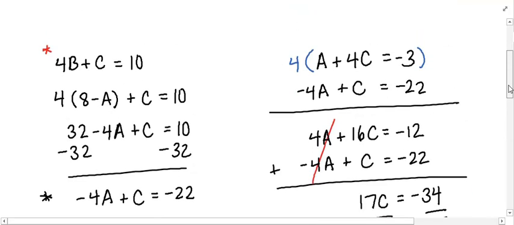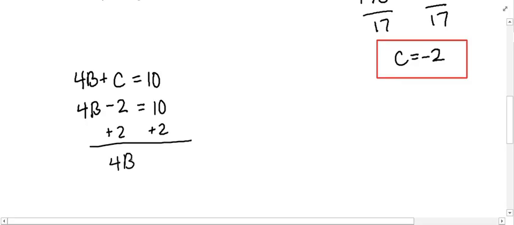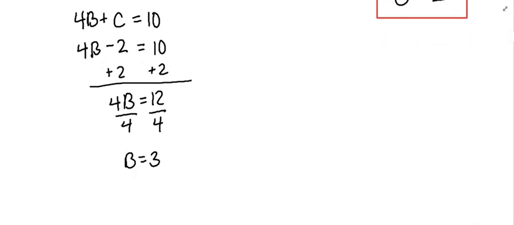But now I know the value of c. C is negative 2. Pop it in. 4b plus a negative 2 has to equal 10. So add the 2 to both sides. 4b has to be 12. Divide off the 4. B has to be 3. There's the second coefficient.